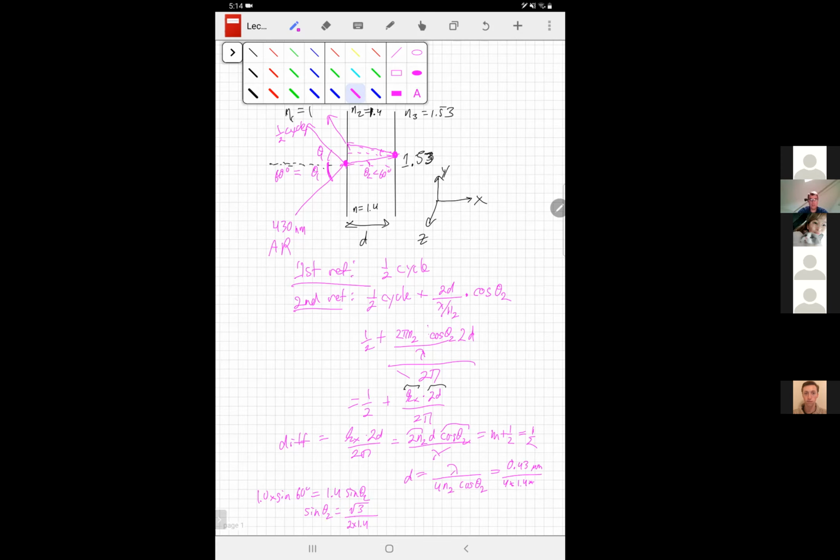Square root of 3 divided by 2 times 1.4, so 2.8.